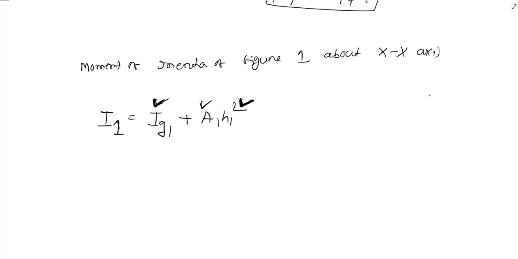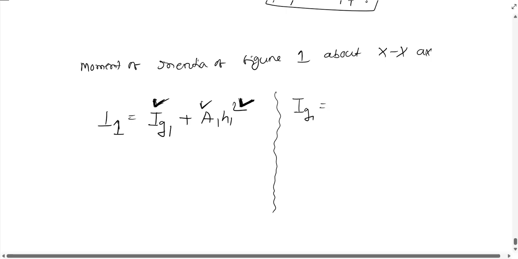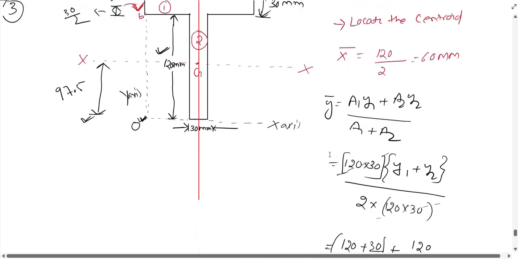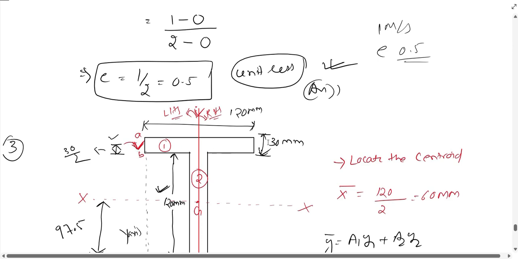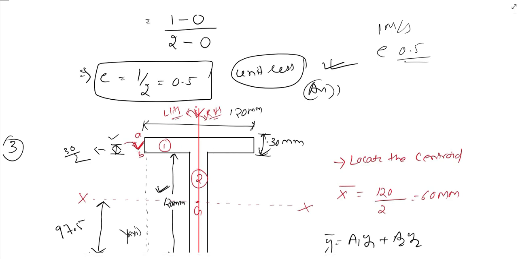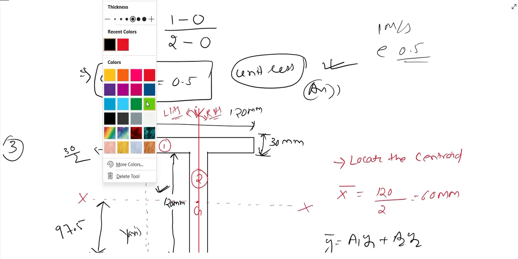So first we have to calculate Ig1. It's a rectangle, and we are calculating about this axis. Let me show you the axis in a different color.